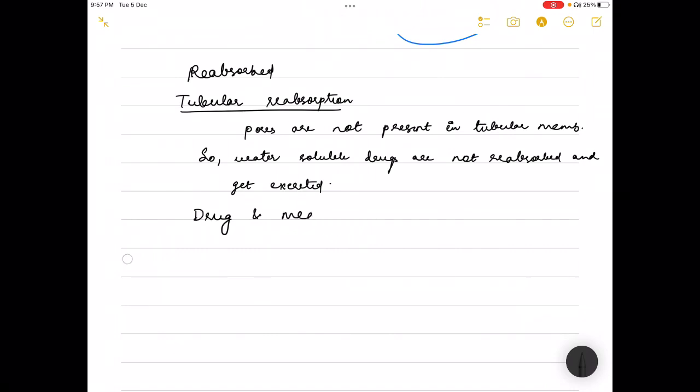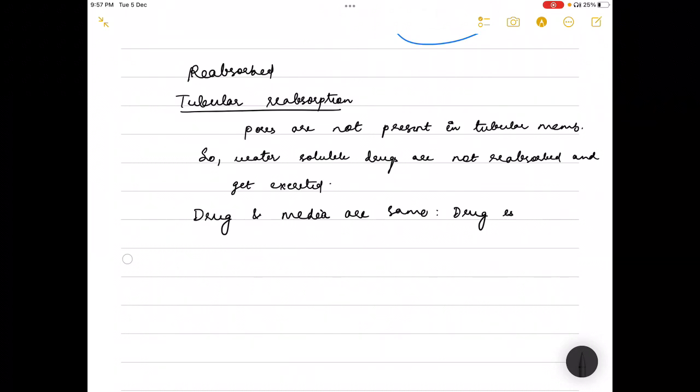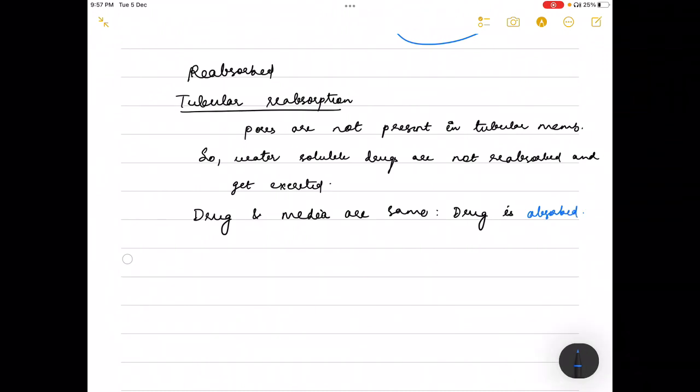Drug and media are the same. In this case, the drug is absorbed.